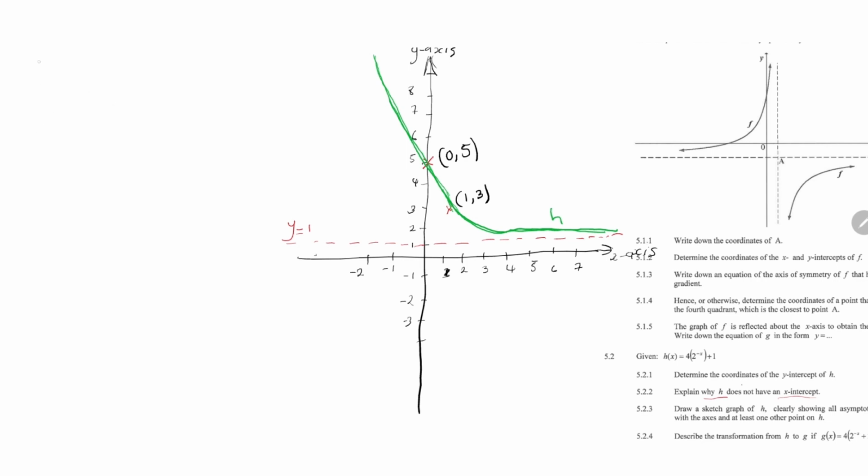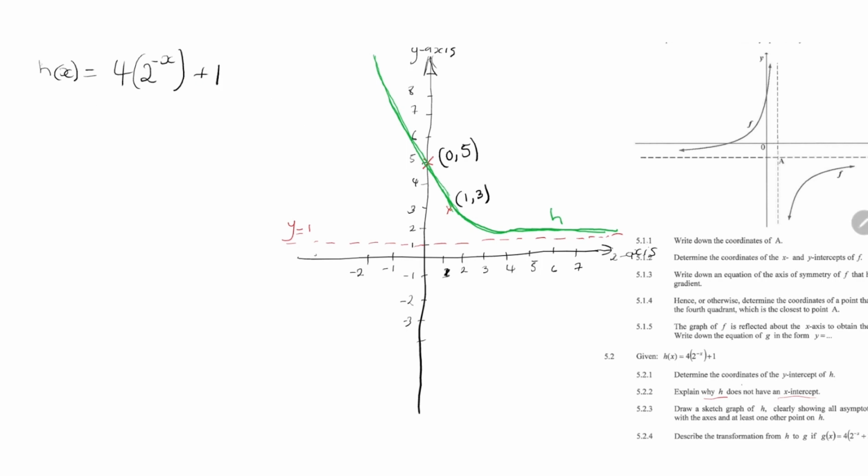Graph h is h of x equal to 4 multiplied by 2 to the power minus x, plus 1.